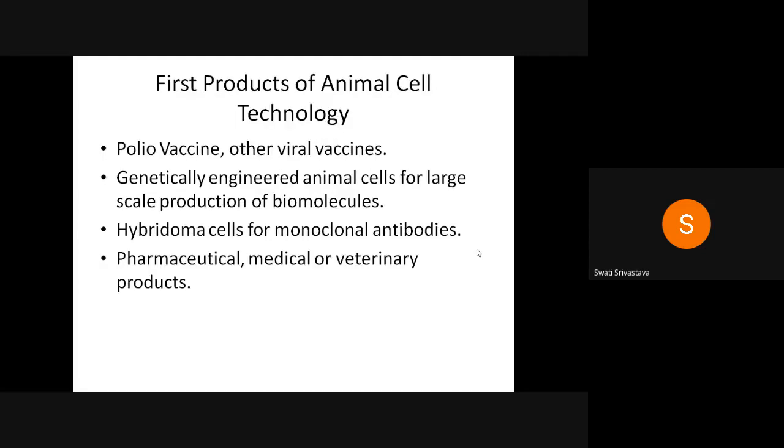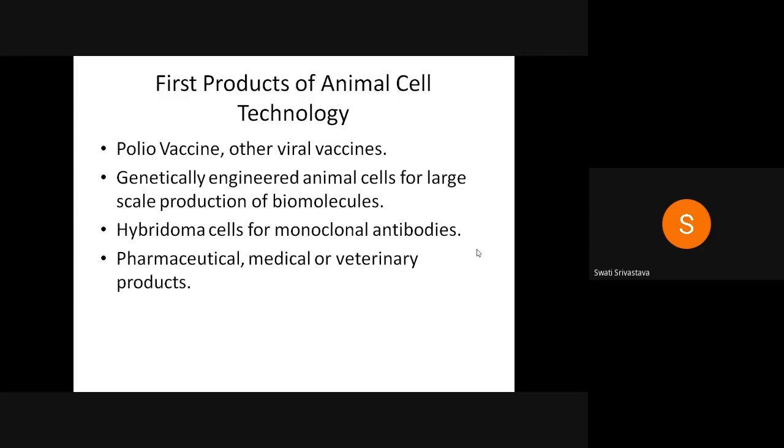Now, the first products of animal cell technology, the very first thing that people tried, was the development of vaccines. The first of that developed was the polio vaccine in eukaryotic cells.